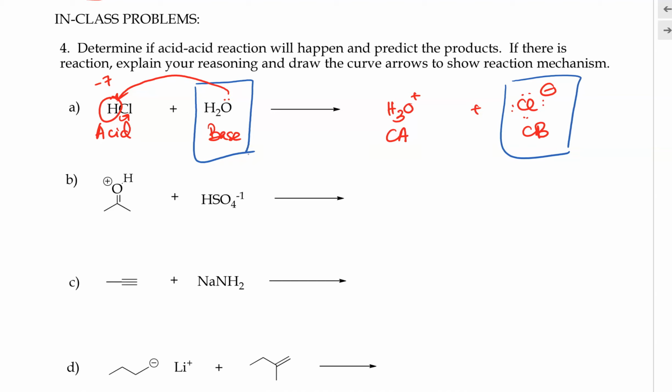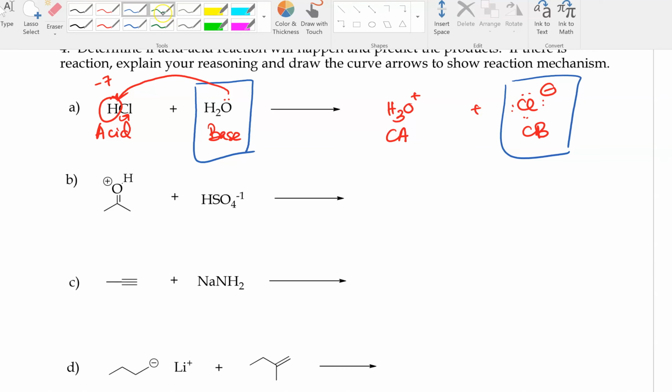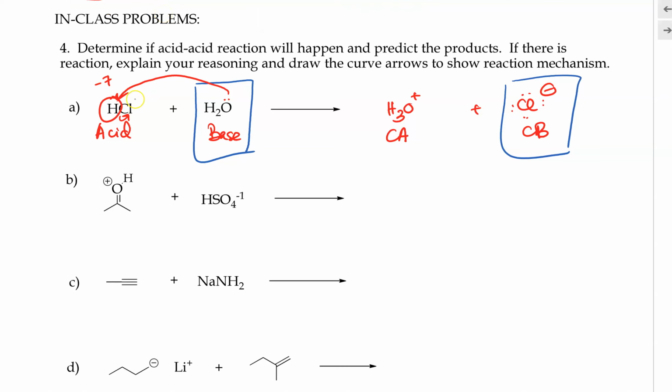But now let's see if we can use pKa to determine this reaction. And whenever we use pKa, we need to look at the acid and the conjugate acid and compare the pKa. So this pKa right here is -7, and the pKa of hydronium ion is -1.74, versus -7.